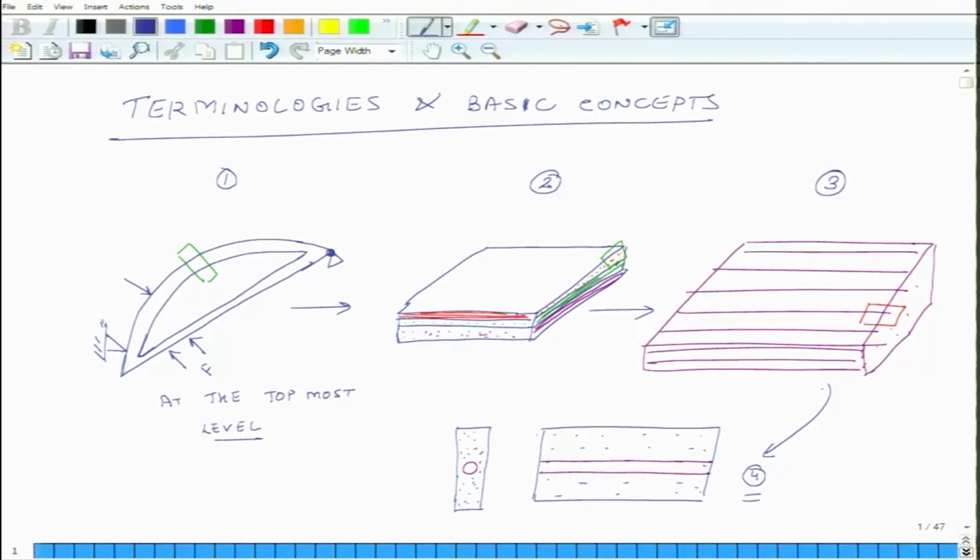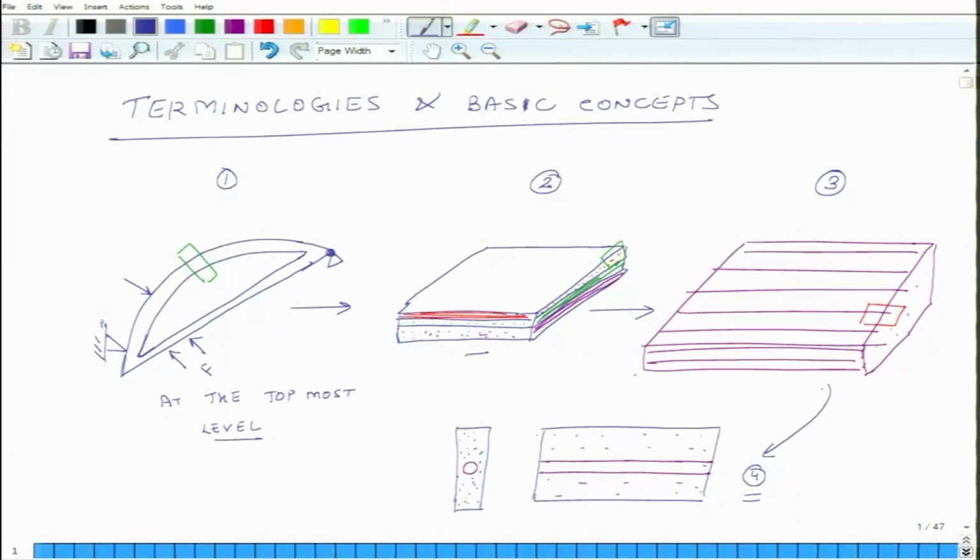That is what I am interested in. What is the mechanics of this overall structure at the topmost level? That is our goal. But to understand the overall response of this system, we have to understand the mechanical behavior at several levels.